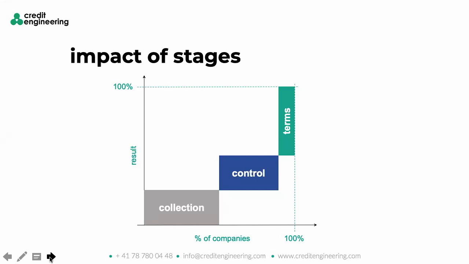Sometimes I get criticized for saying that collection is not important. I never say collection is not important, but the whole of credit management could be called preventive collection. We need to organize our work with customers in a way where collection would not be necessary at all.